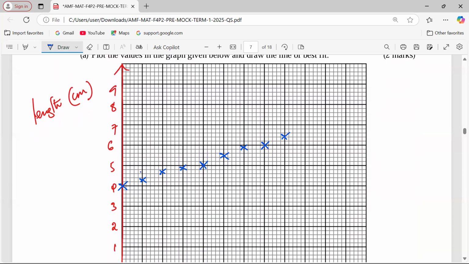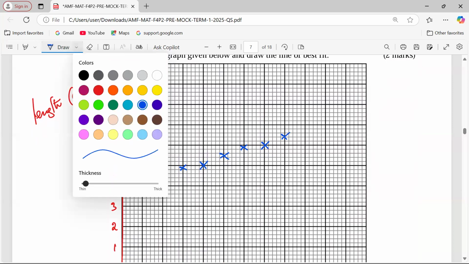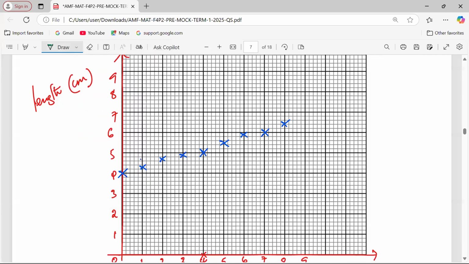We have to draw a line of best fit such that the majority of the dots are accommodated by the line. Yeah, so let me connect them.